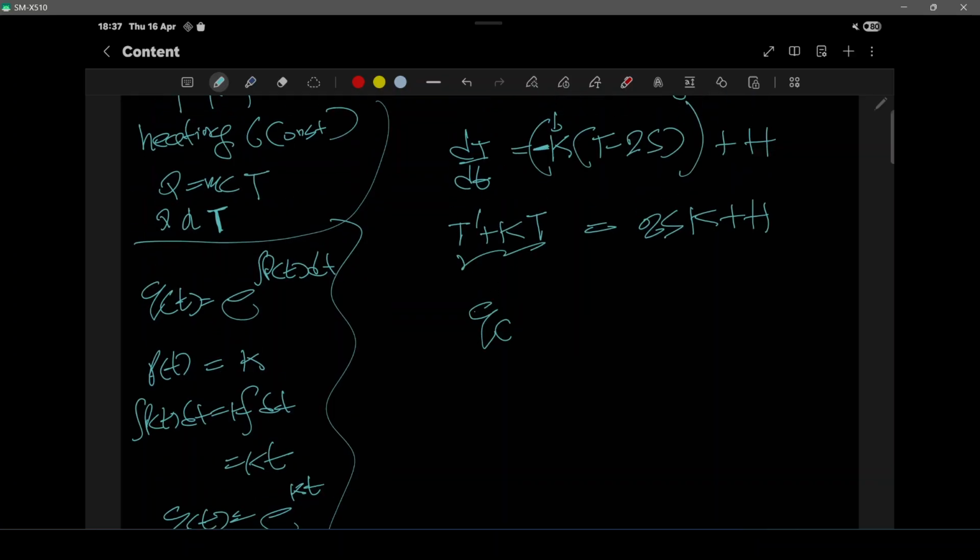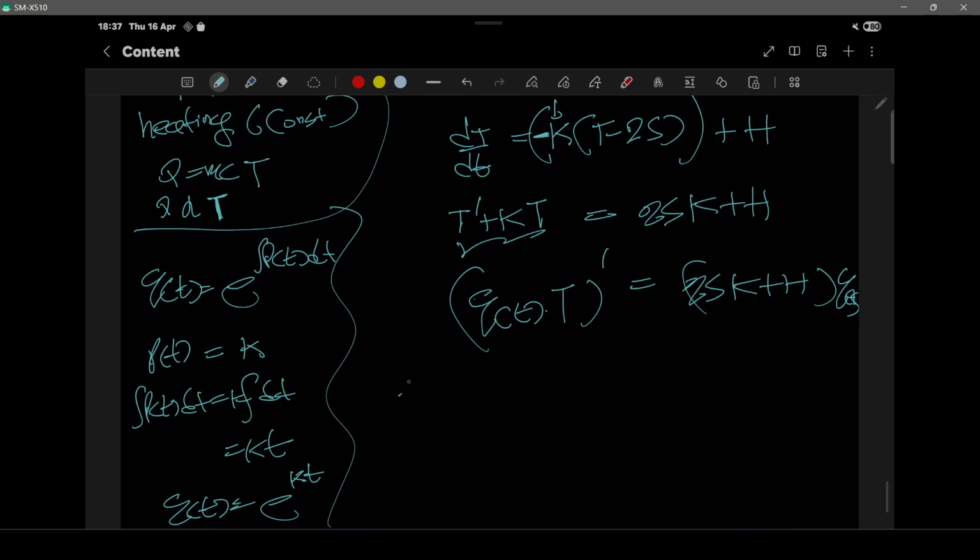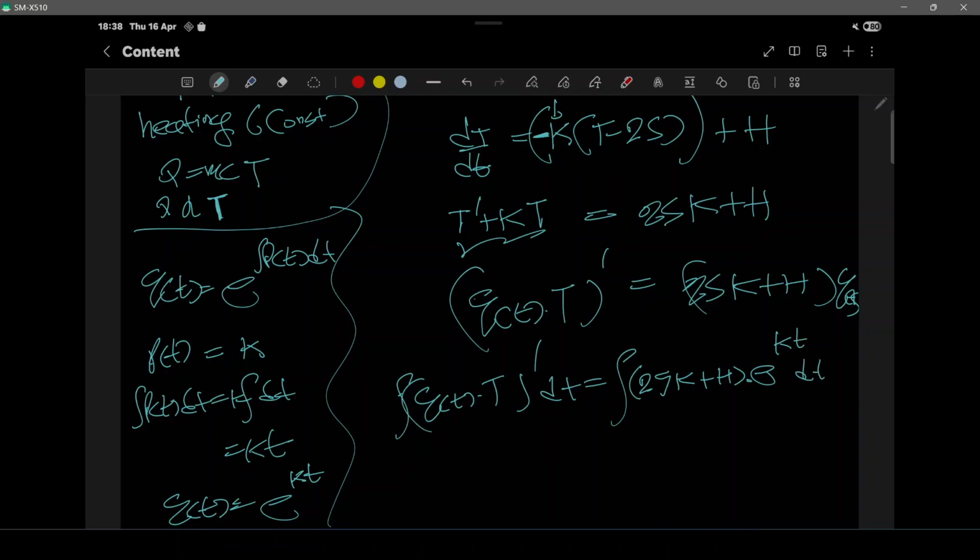So we find Q(t) in such a way that this whole term is equal to this, and 25k plus h times Q(t). Now if you integrate both sides, Q(t) T dash dt is equal to the integration of 25k plus h times Q(t), meaning e to the power kt.